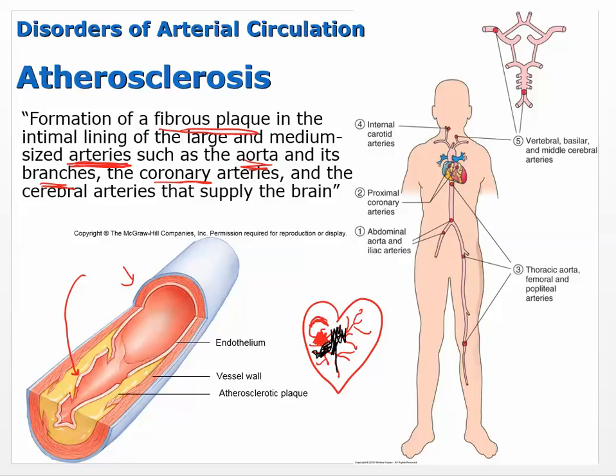They get this buildup, and then somehow thrombosis or thrombocytes form, clotting happens. Platelets aggregate, and you get a clot, and then you have where this black area is. That could be necrotic tissue. That's a heart attack. Cerebral arteries supply the brain. Of course, that could be like a stroke, where you have blockage to the brain.